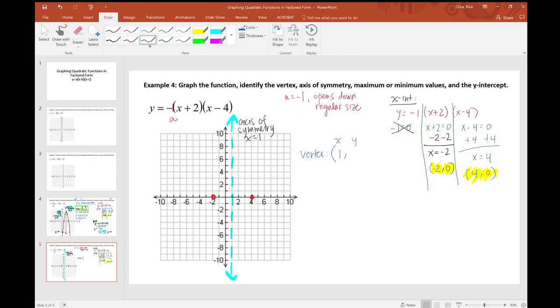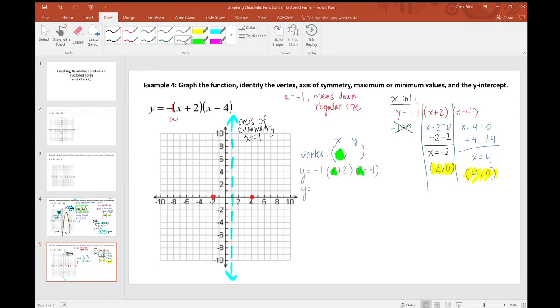But the y-coordinate is unknown, so let's take our x value and plug it back into our function. y equals -1 times x plus 2 times x minus 4. Once again, take that 1, plug it into your x values.